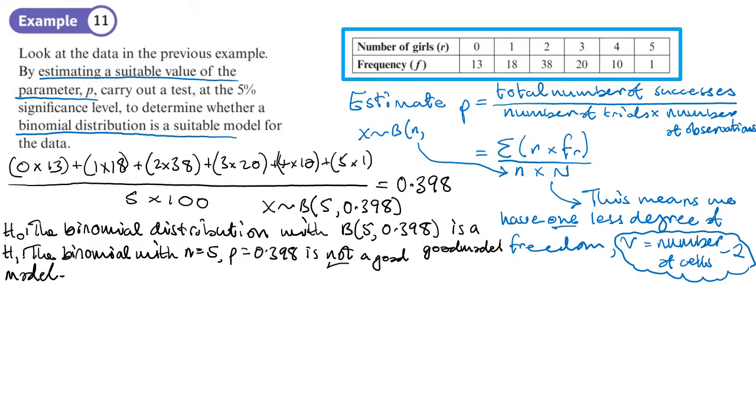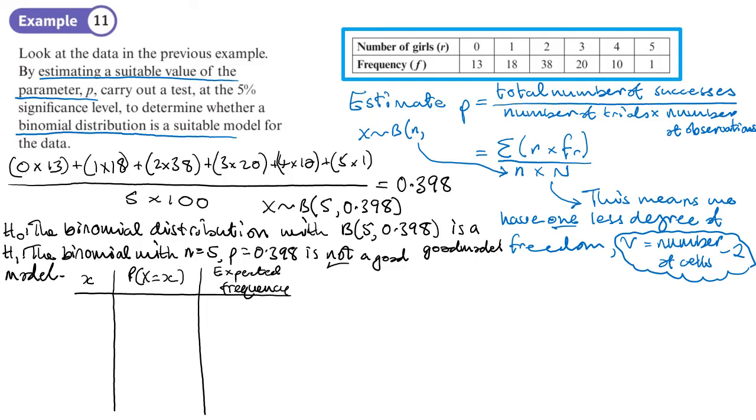Right, now we use our calculators to work out the expected probability, and from that work out the expected frequency. So I'll pause this and complete the table.